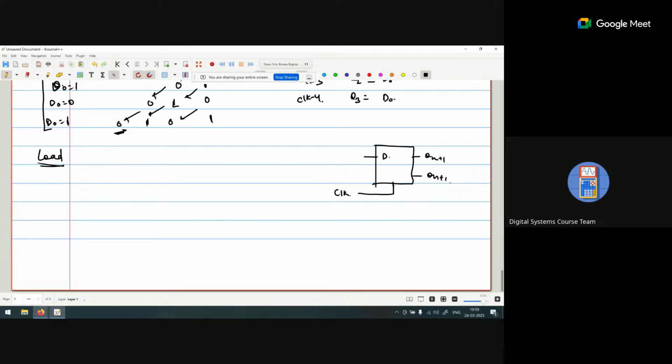When my load signal is 1, we are getting an output.